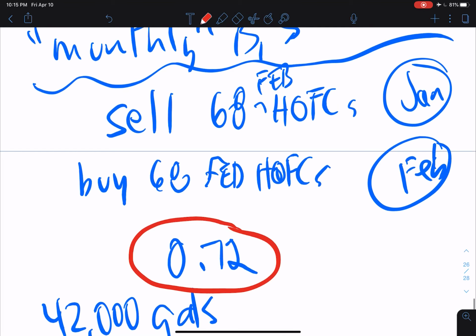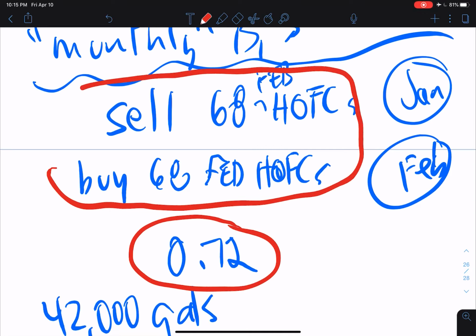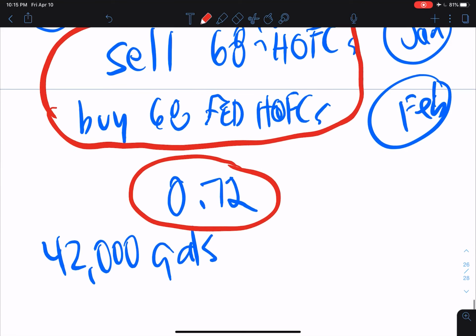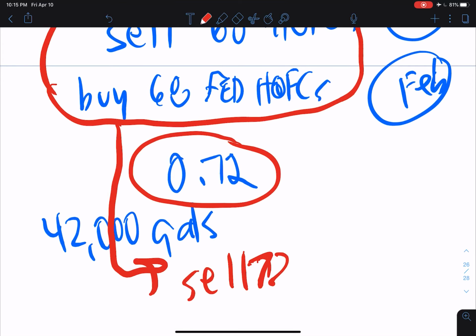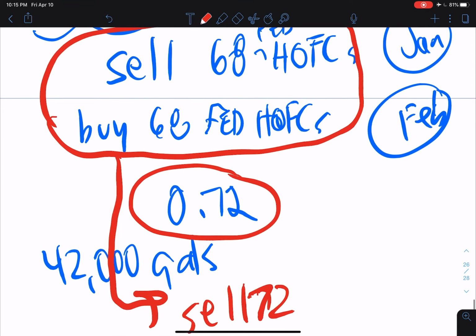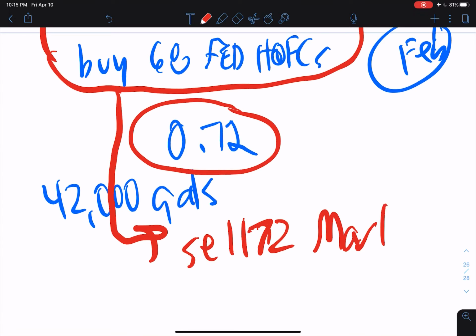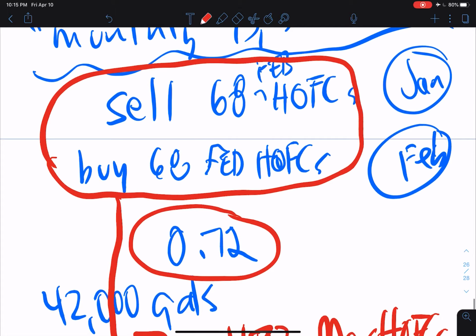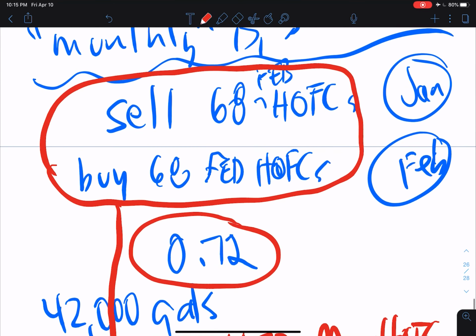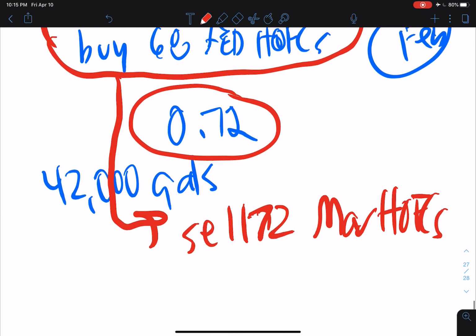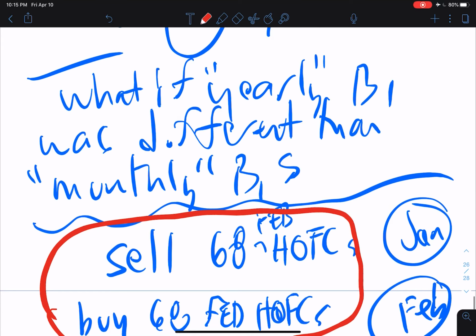So here he's closed his hedge using February contracts for January, and then the next thing he would do associated with that would be he would sell 72 March heating oil futures contracts, and that would work to hedge the value of that inventory in the month of February, and so on.